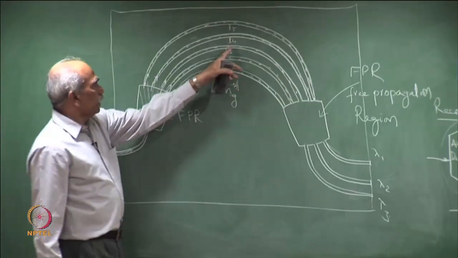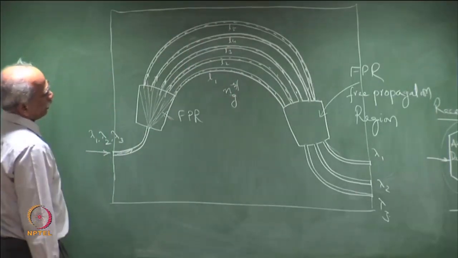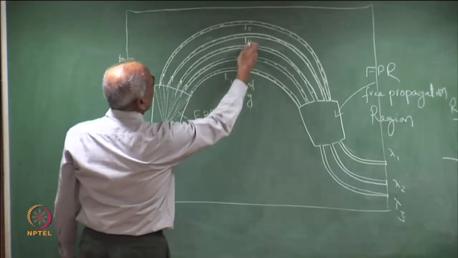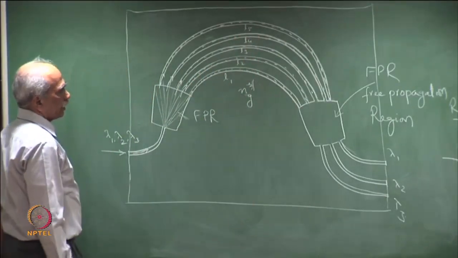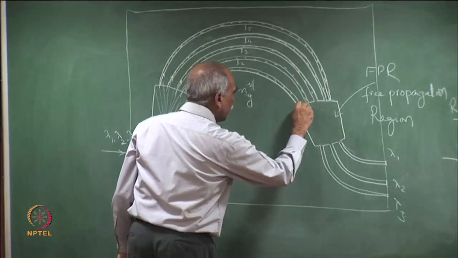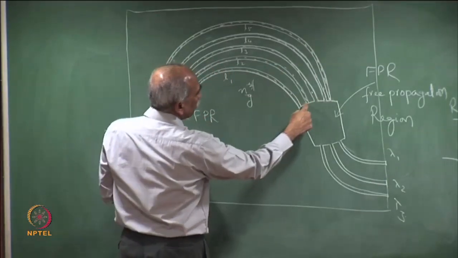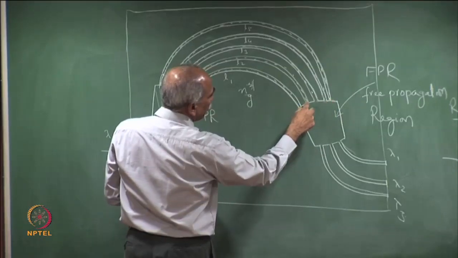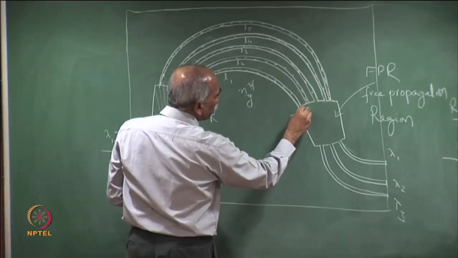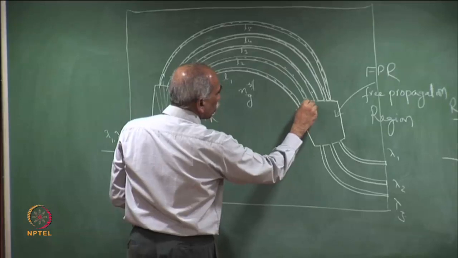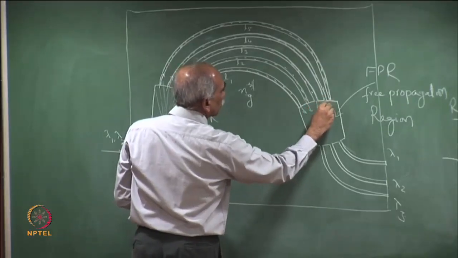If L1, L2, L3, L5 are different, being the lengths of the various waveguides here, then when they reach here, there is a phase delay between the output coming from here, the output coming from here, and so on.